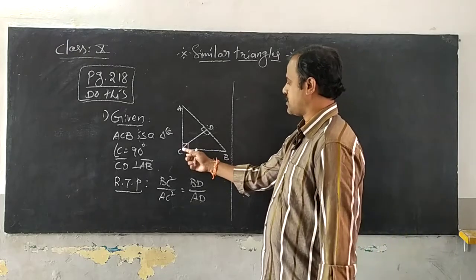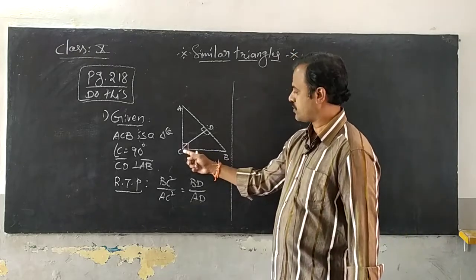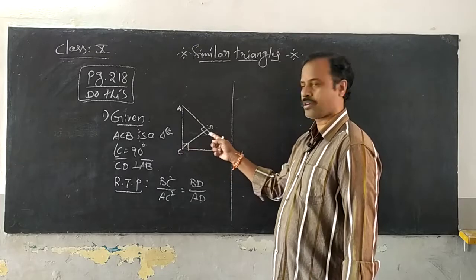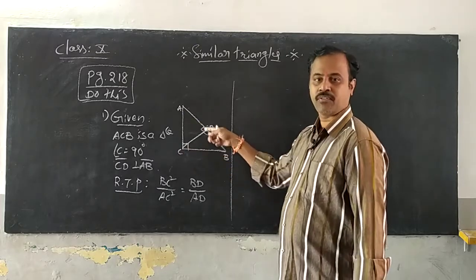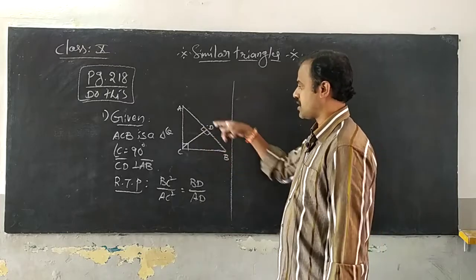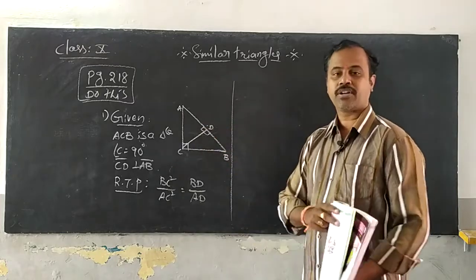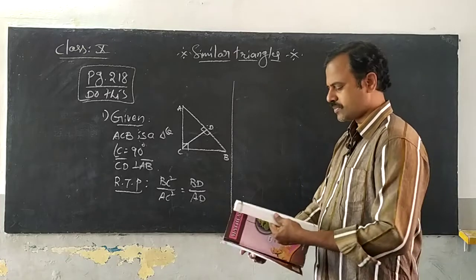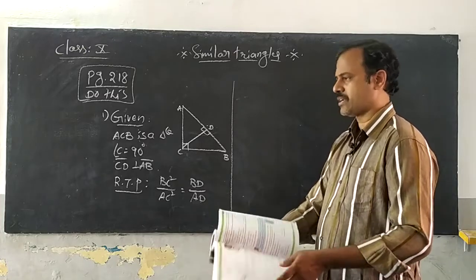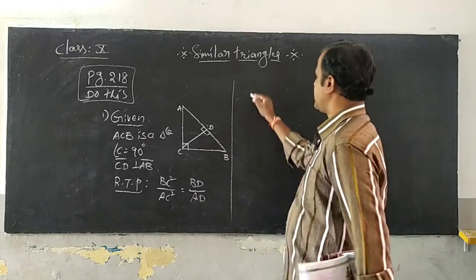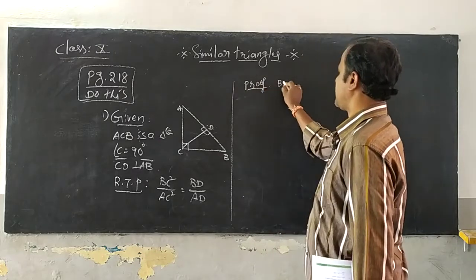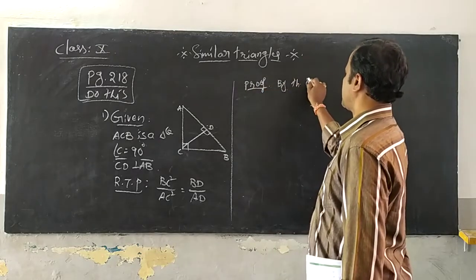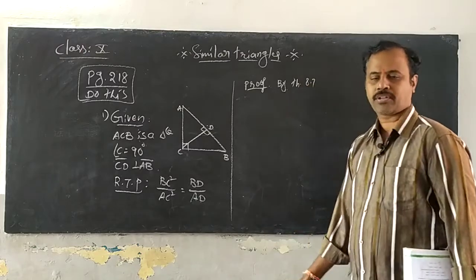If a perpendicular is drawn from the vertex of the right angle to the hypotenuse, it divides the triangle into two triangles which are similar to the original triangle. Okay, according to the theorem, I give you the number 8.7. So in the proof we write: proof by theorem 8.7. You can mention the number.